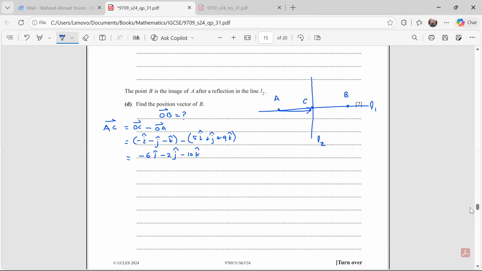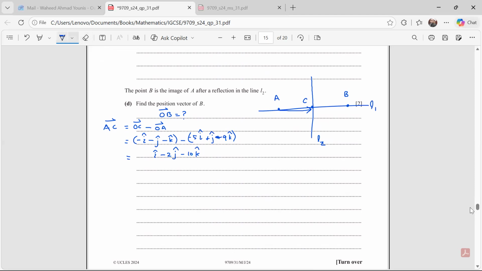I'm doing something wrong here. Sorry, I made a mistake. So minus 1 and plus 5 is going to be 4. Yes, I'm sorry, this is not 6, it is 4. Let me write it again properly.